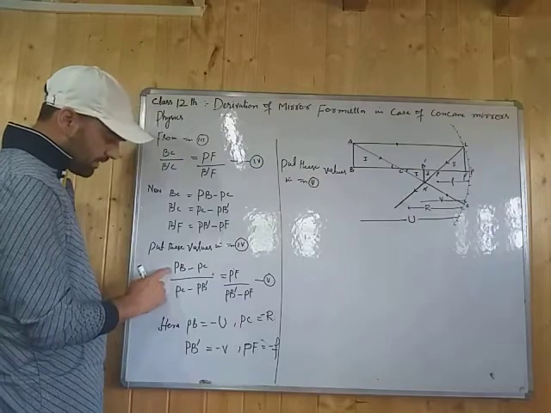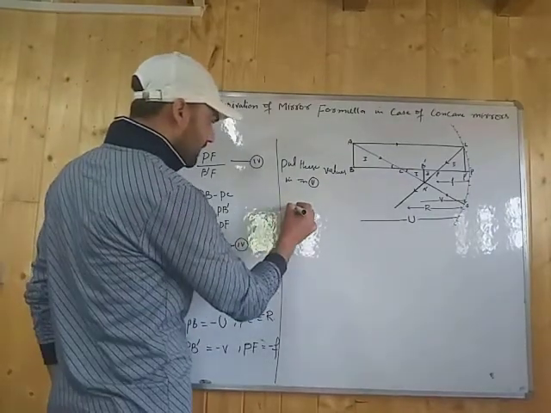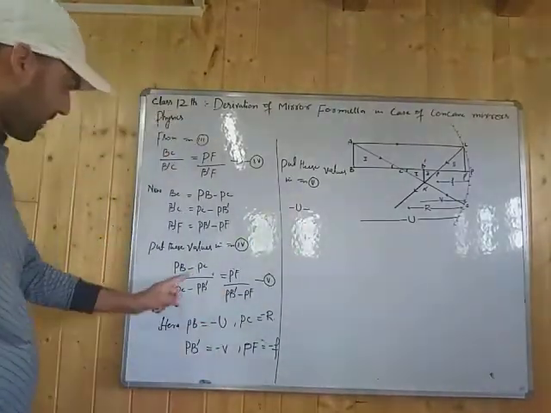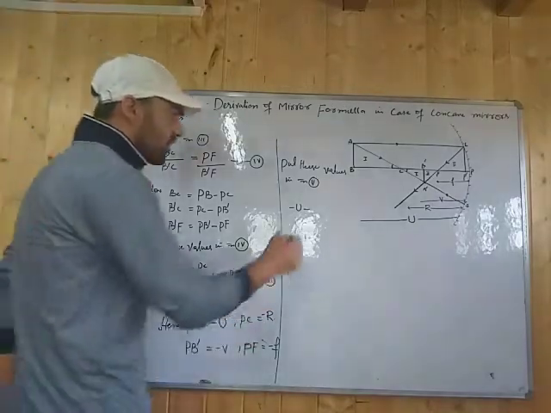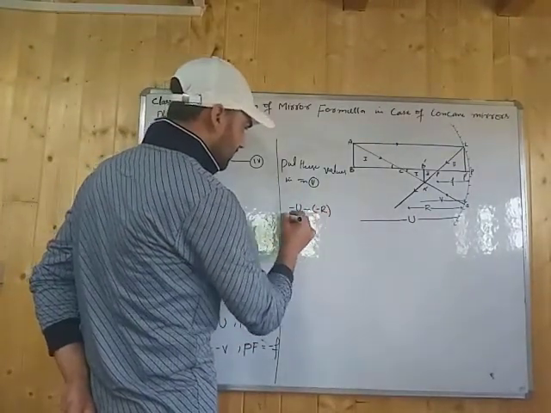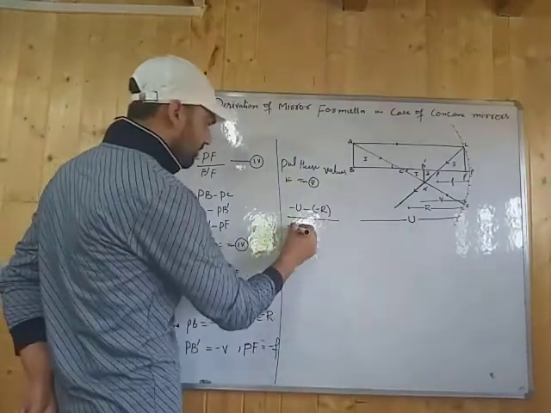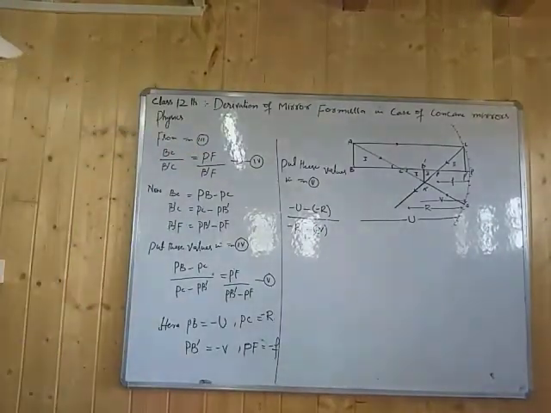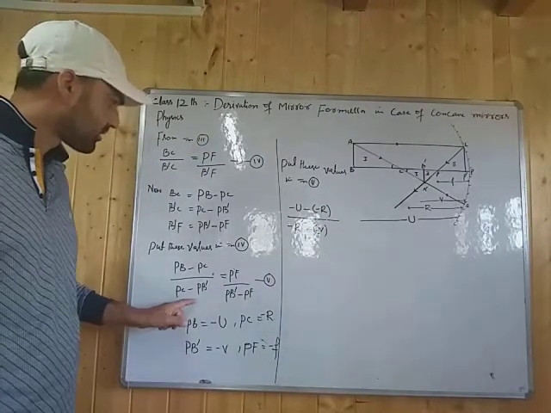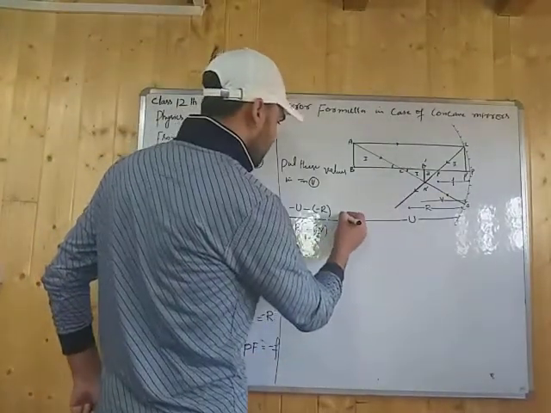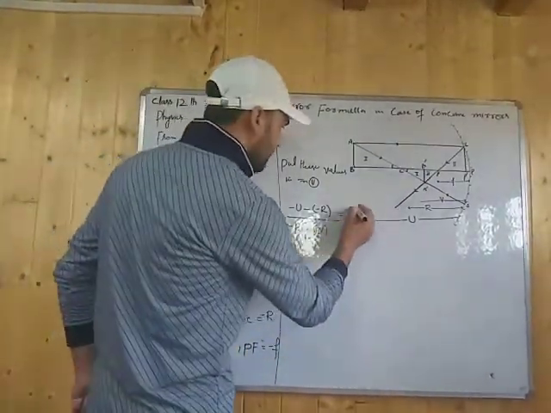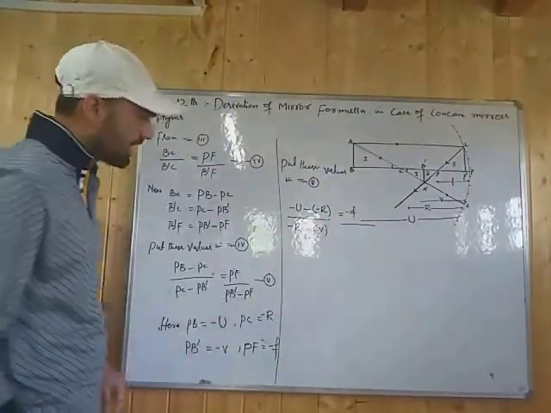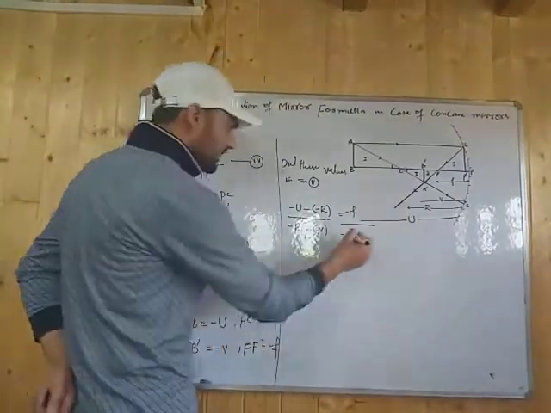So here instead of PB, we will write minus U. PC is minus R, so we'll write here minus R divided by minus R minus PB dash, that is minus V. That is equal to PF, that is minus F, whole divided by PB dash, minus V, minus F.